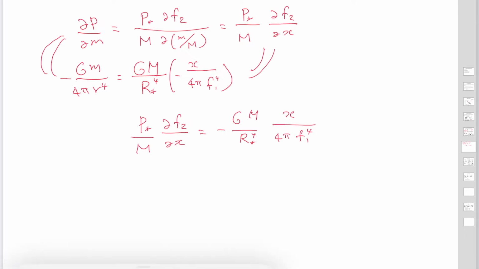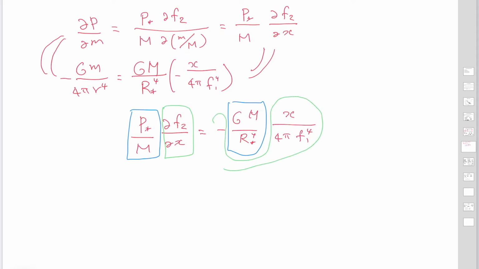Then you can pick out the dimensional quantities and compare them, and also the dimensionless quantities. In this case, you can choose the negative signs. So for the dimensionless quantities, we have ∂f₂/∂x equal to minus x over 4π f₁ to the 4th.